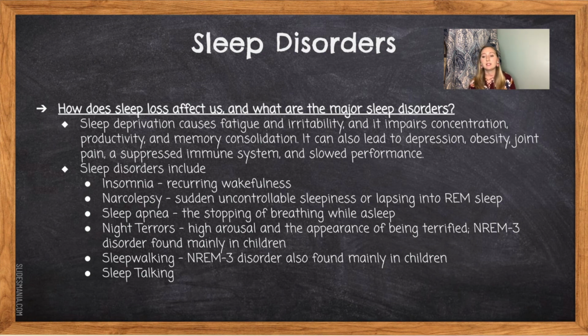When you're dealing with sleep apnea, if you've ever heard of a CPAP machine, basically what that means is they have a mask that they put on that helps to keep their air pathways open so that they can continue breathing, because the stopping of breathing is keeping them awake. Others are caused by an overpresence or an underpresence of a neurotransmitter and can be helped by stabilizing those chemicals in the body.